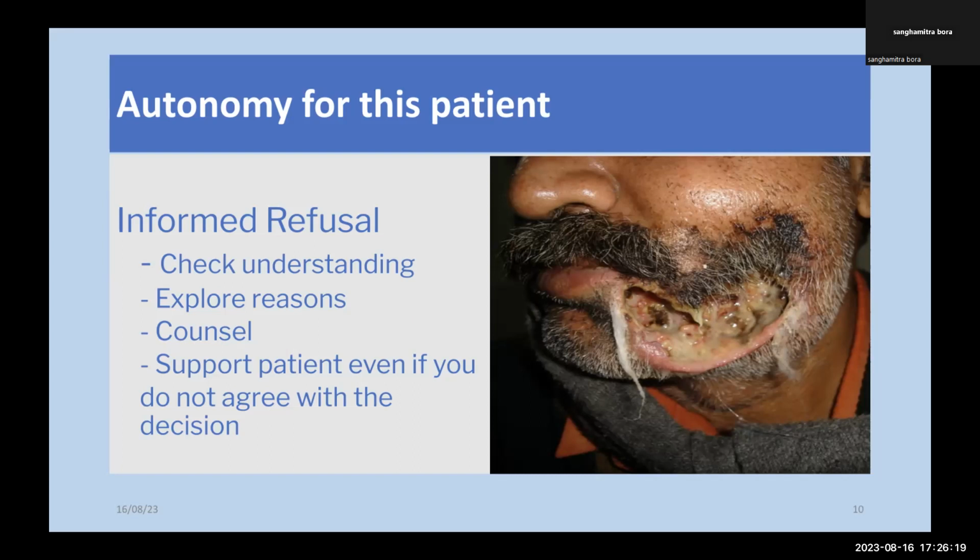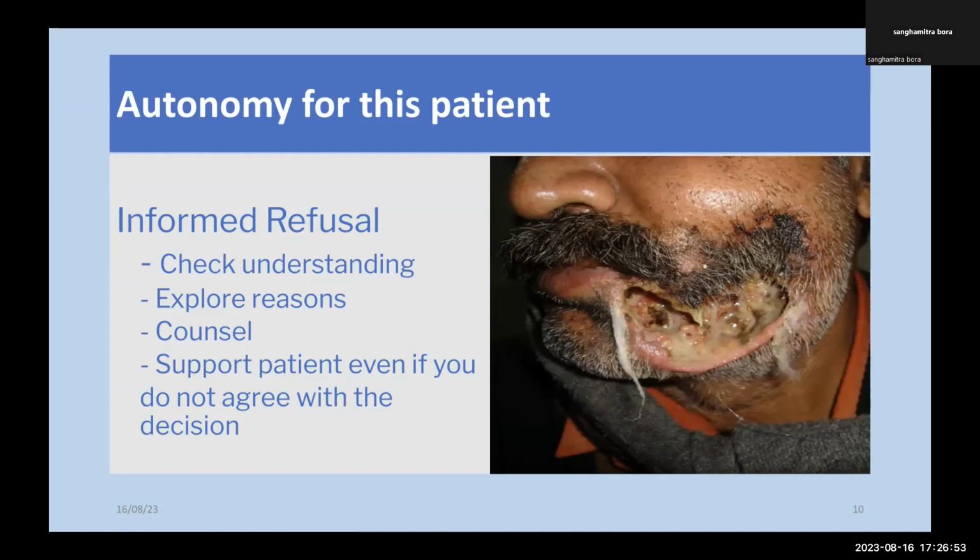You might have to find somebody, perhaps a neighbor or a friend or a caregiver, or go through an NGO and find a professional caregiver who might, for very little money, stay with the patient and do the job. So that is properly counseling the patient, facilitating his solutions to the problems.